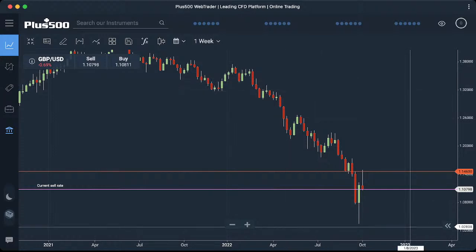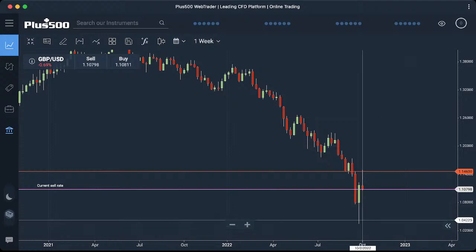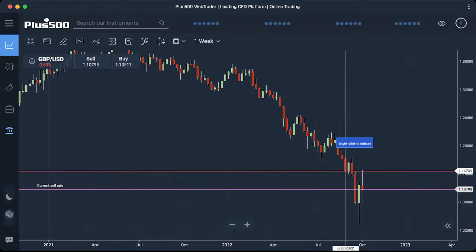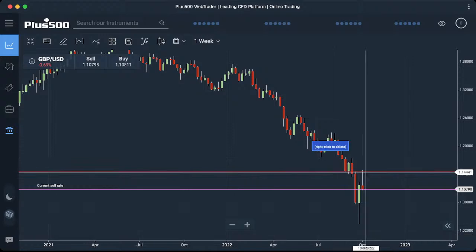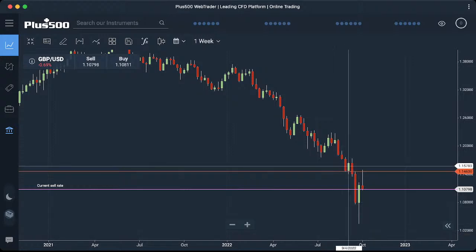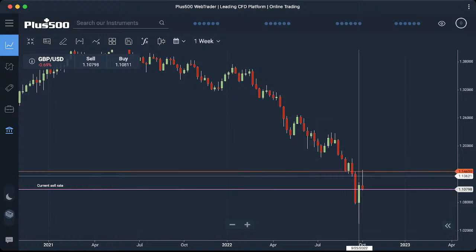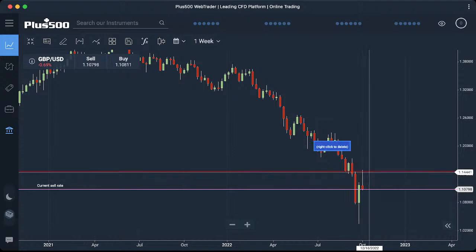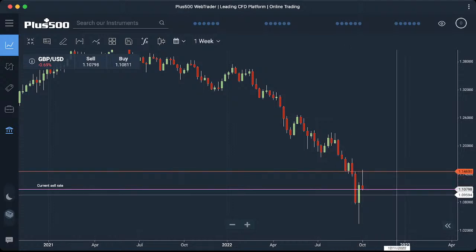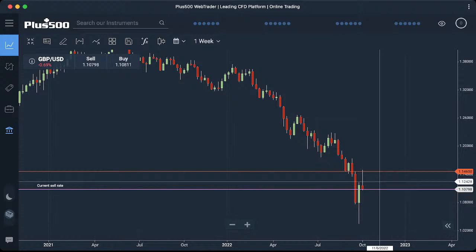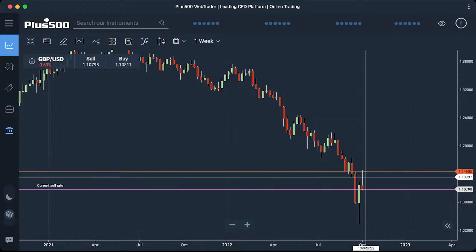So last week, this horizontal orange line indicates this bearish order block, and last week price went to the upside to retest this weekly bearish order block, and after that you can see how price got rejected to the downside.